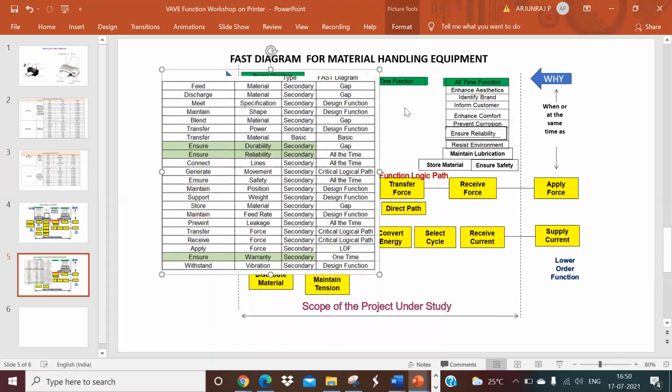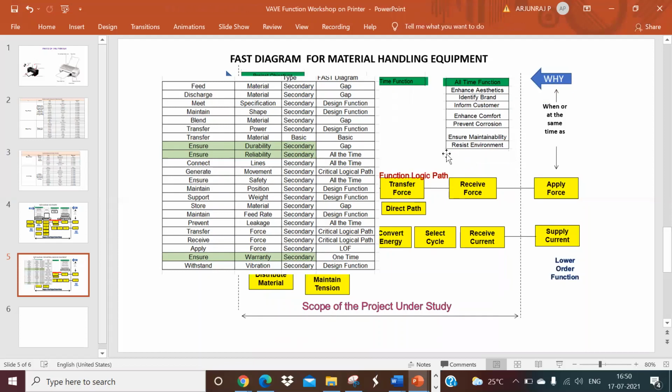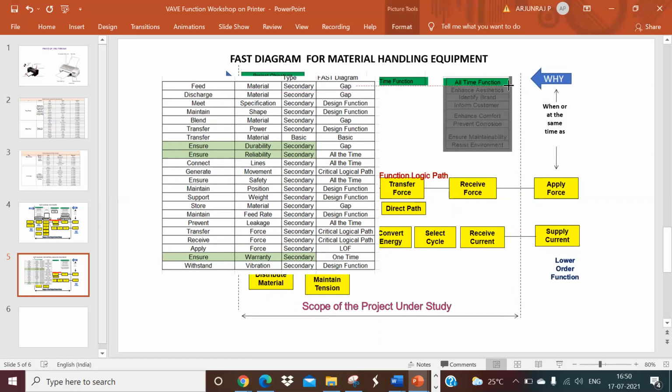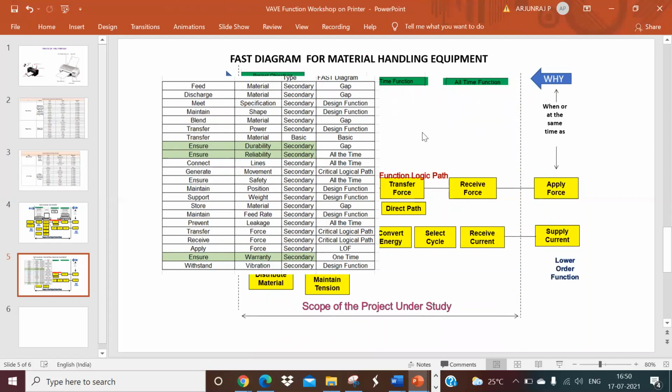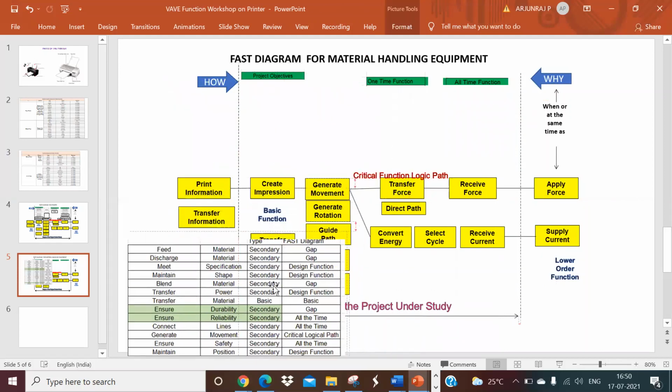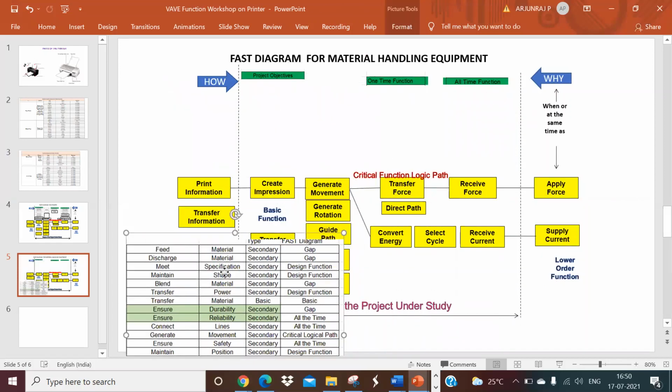You have to write down that one-time function here, and you also need to write down the order function here. So design functions, one-time function, order function right here.